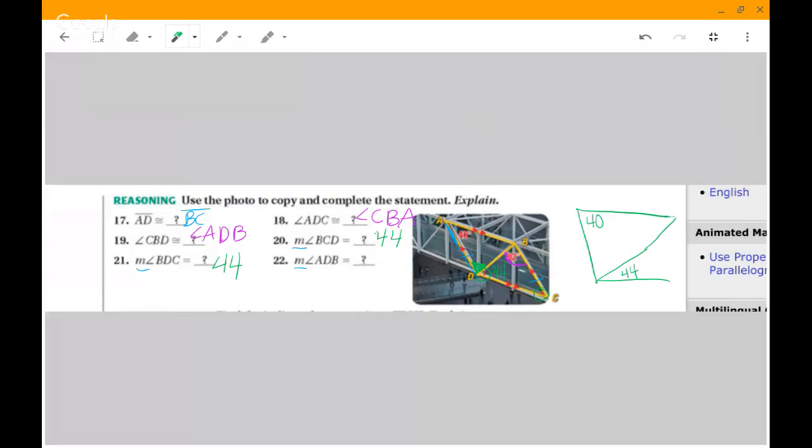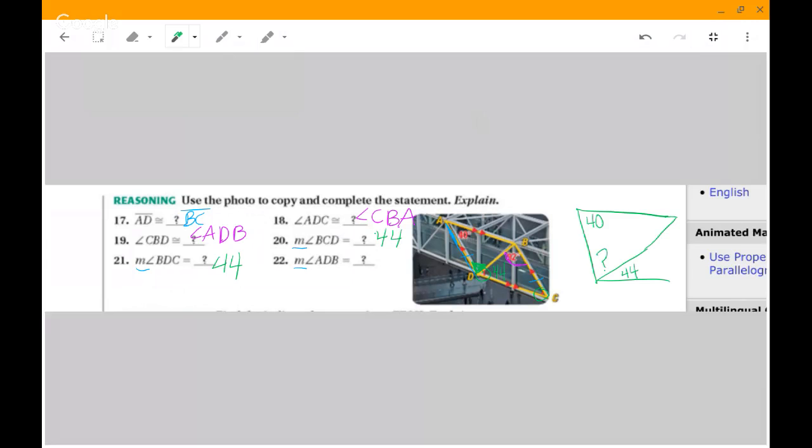Maybe, possibly. Okay, so we're looking for this piece in here. How are the 40, angle A up there, and this whole part, how are those two related? Well, those are supplementary.